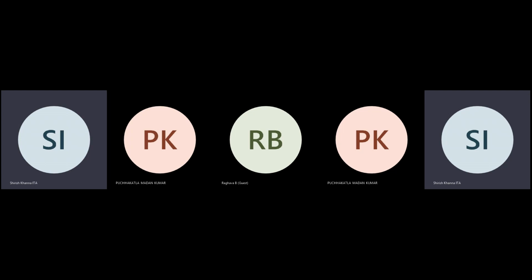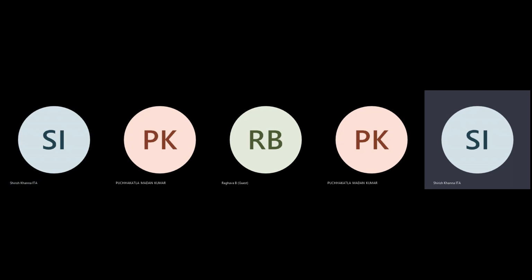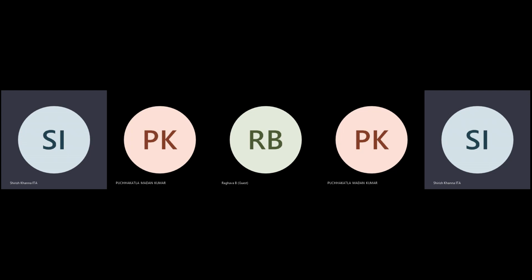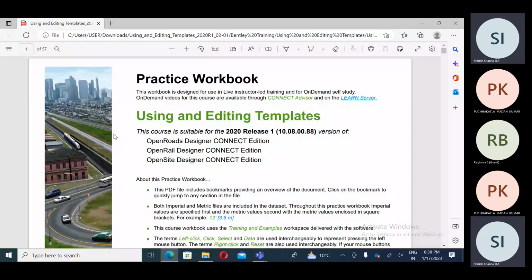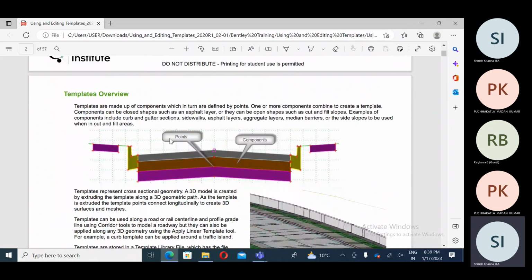Today some portion is theoretical, so we can read it first through the PDF. Then we go to work with OpenRoads. Now I'm sharing. See, this is our practice workbook for using and editing templates.